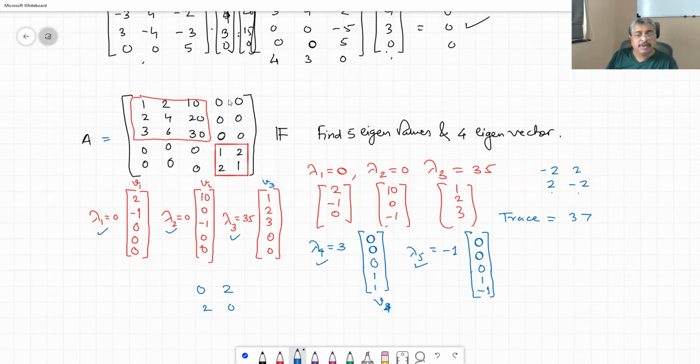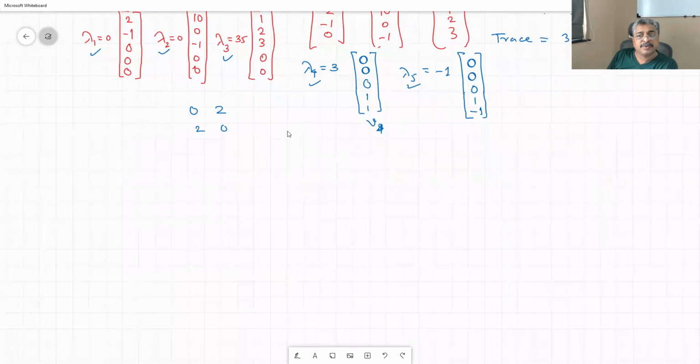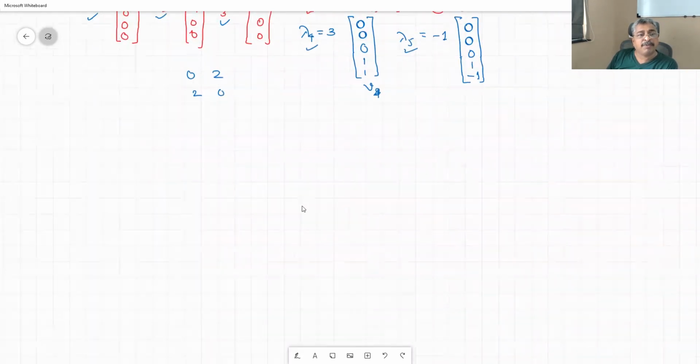Okay, the next problem is problem number 1, which was given to you in the beginning. With this kind of training in this lecture, are you able to find all possible eigenvalues for this matrix?